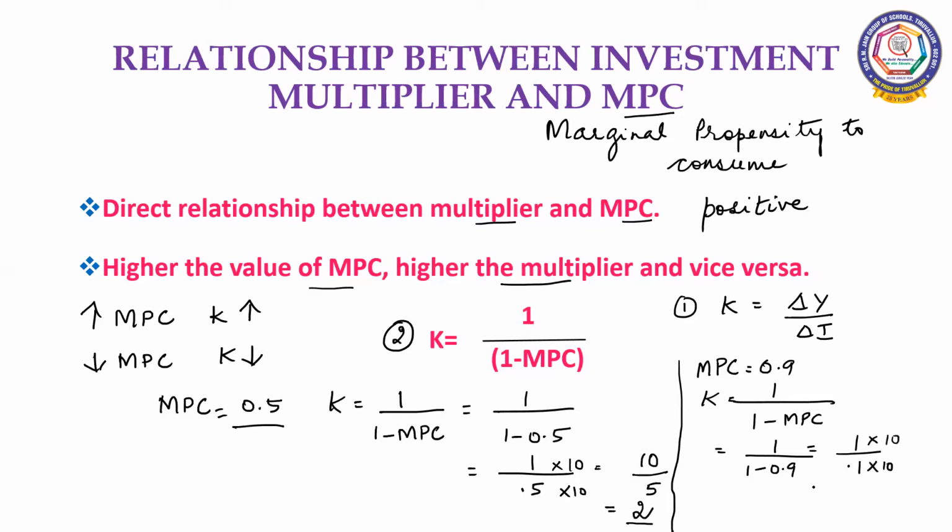So when you calculate, you will get 10. So it is proved very clearly, when MPC is 0.5, multiplier was 2. Now the marginal propensity to consume has increased from 0.5 to 0.9, and so the multiplier has also increased from 2 to 10.